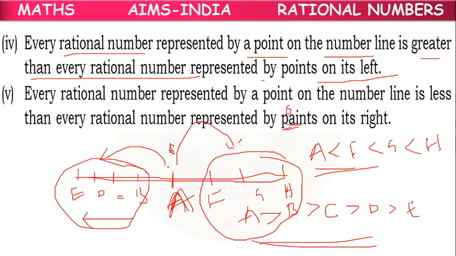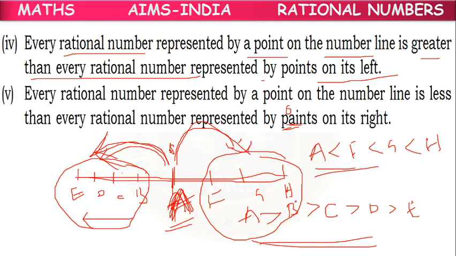Next, if you take any point on the number line, it will be greater than the points on the left, and lesser than the points on the right.